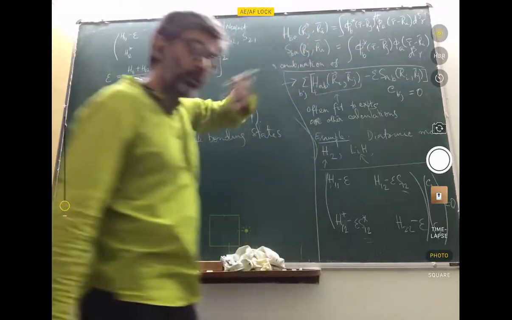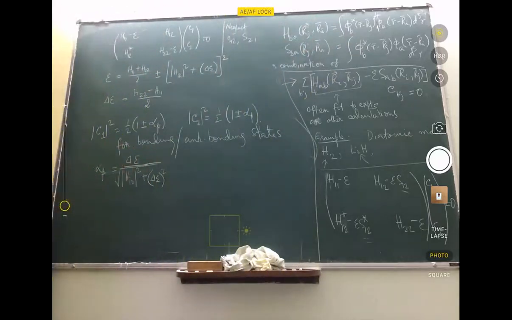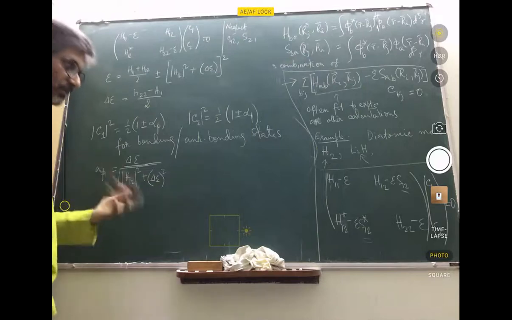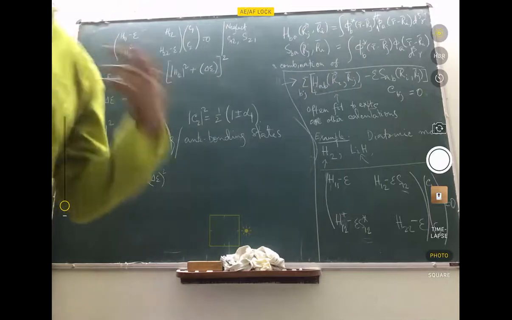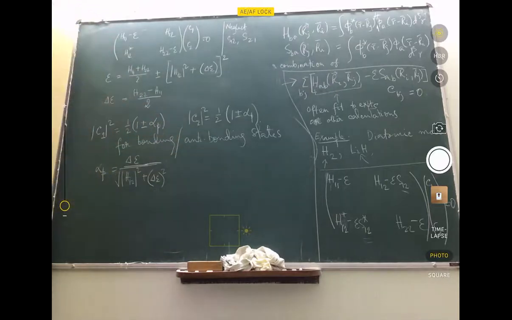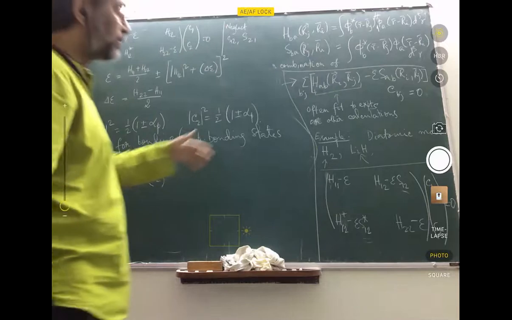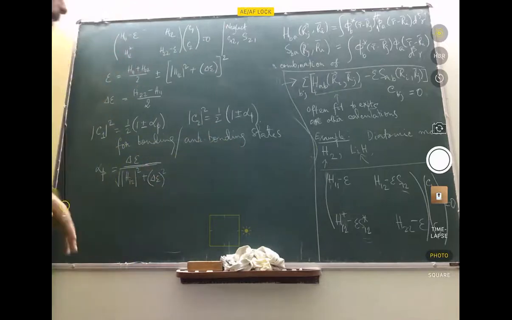So although we call it on-site energy, this does not depend only on the atom on which this orbital exists. It depends on all other atoms also. So in that sense, it's not strictly an on-site term, although these are called on-site energies. This is a common misconception that may happen if you are not aware of the chemical bases of this tight binding model or tight binding Hamiltonian.